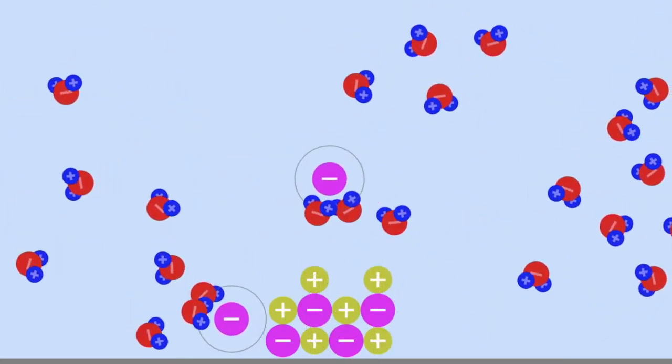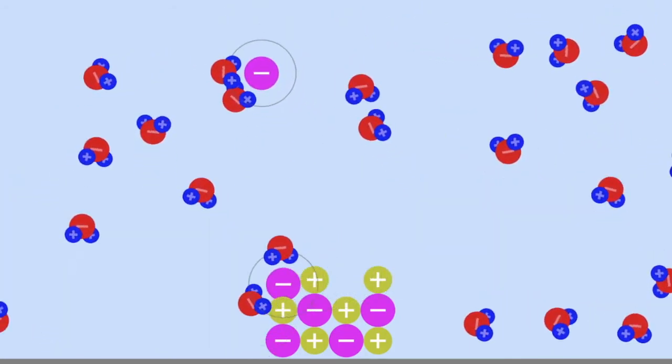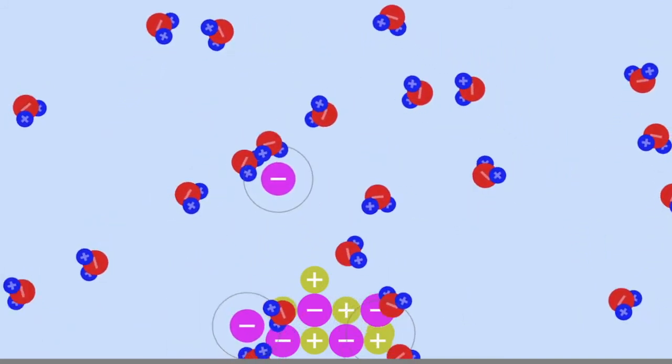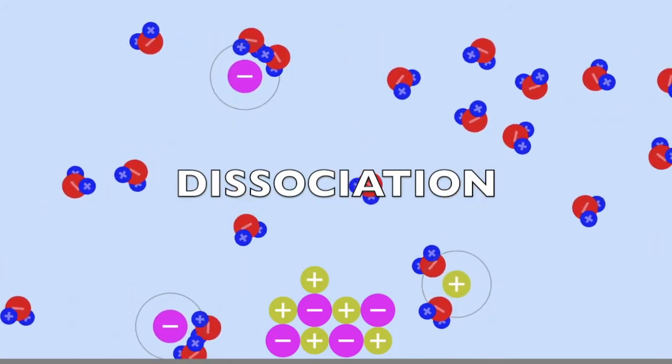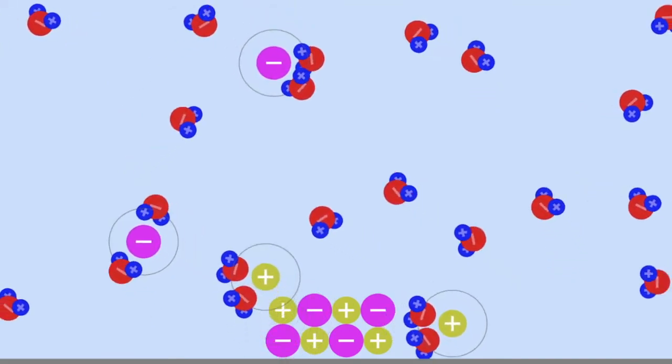The moving, attracting water molecules pull the crystal lattice apart, and we call this process of cations and anions separating from their ionic crystal lattice dissociation. Individual ions are then surrounded by solvent particles in a process called solvation, and when the solvent is water, we call this process hydration.